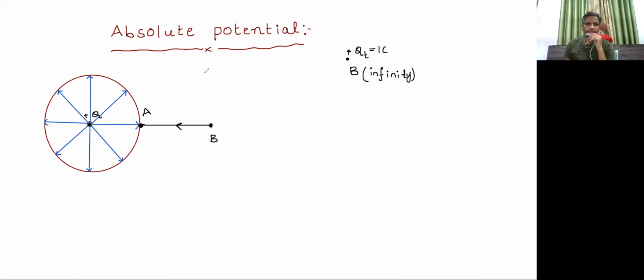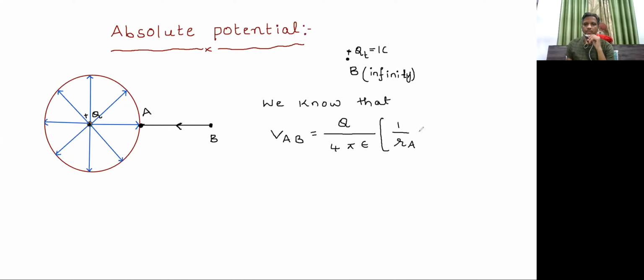In this video lecture, I'm going to tell you the expression for the absolute potential. In the last lectures, we have seen the potential difference due to a point charge, and we have got that the potential difference, denoted by VAB, is equal to Q by 4 pi epsilon into 1 by RA minus 1 by RB.